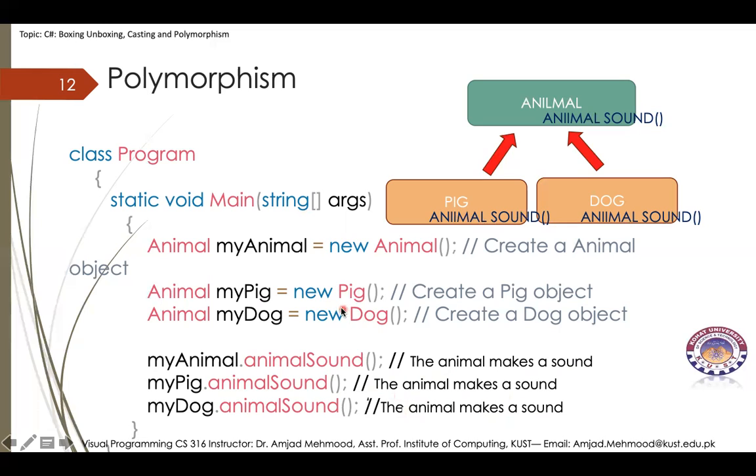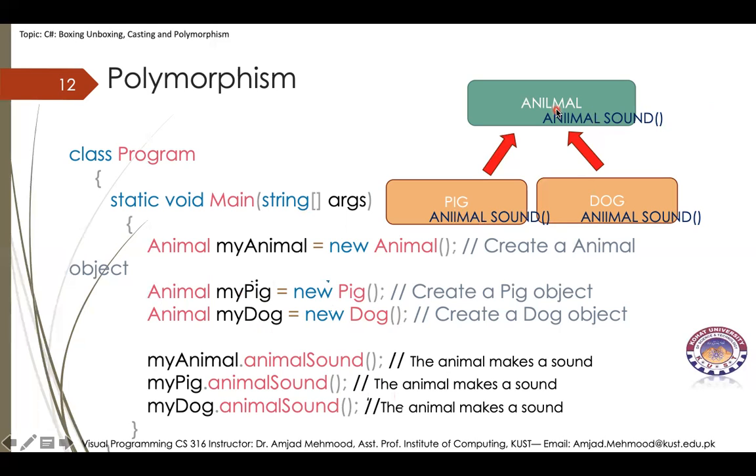If you consider this example, I have assigned the object of the child class, which was pig, to the animal class, which is the parent, but the message is coming from the parent class. And here I have the object of a child class, which was dog, and I assigned it to my parent class, but the message is coming from the parent.